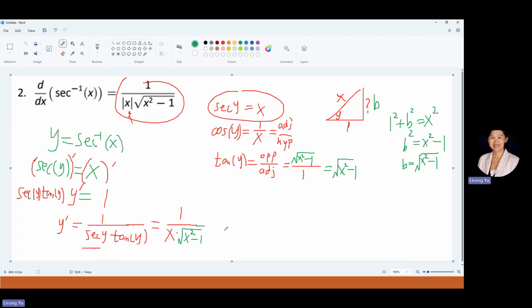For secant inverse, this is an angle that's, why does it have to be positive? I mean, with the absolute value sign, we're forcing the entire value to be positive.